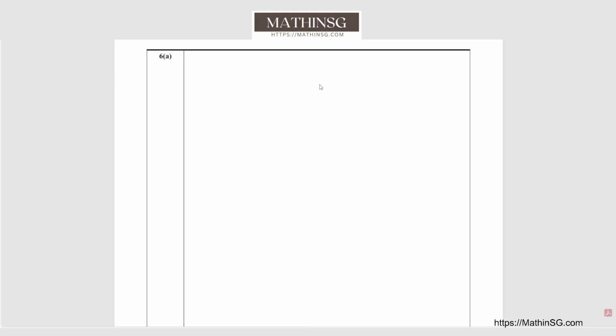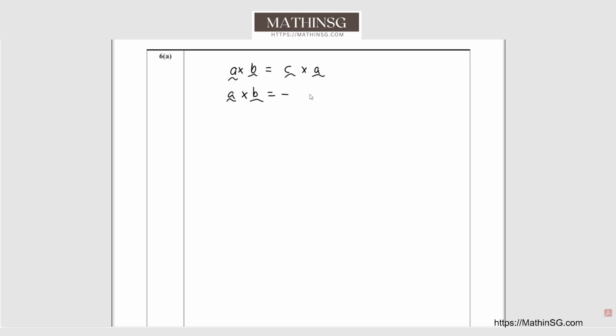So let me write the answer. We have a cross b equals c cross a. So a cross b is equal to negative a cross c. Then I'm going to move everything over and factorize out a. You notice that for this type of proving, whether it's dot product or cross product, usually you try to factorize them.